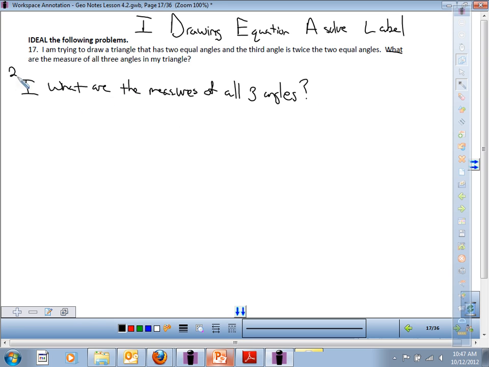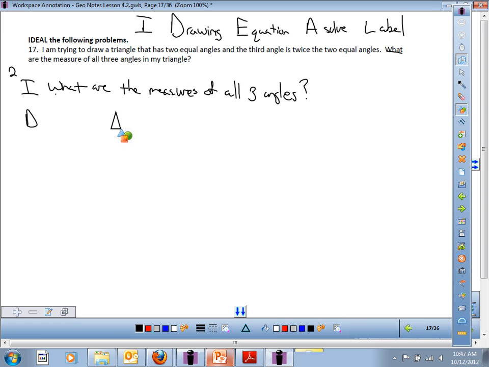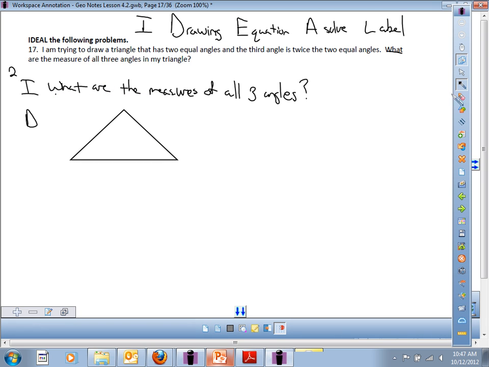I would give you 2 points for getting that part correct, for having a complete sentence, capital letter, question mark. D, we have a drawing here with two equal angles, so we're going to sketch a triangle that has two equal angles real quick. Okay, so that's what we know, it's going to look something like that. We're not for sure, but it's going to look something like that. That's my D.